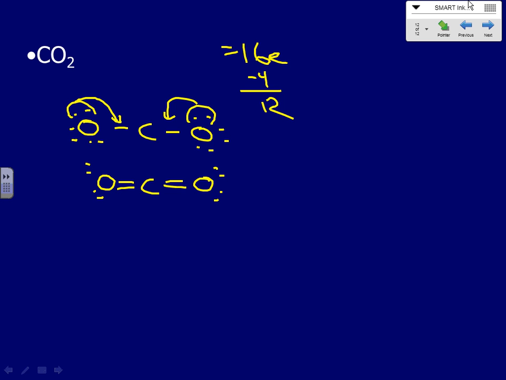And we did that example when we were talking about just straight double bonds, right? That's carbon dioxide. Oxygen looks the way it's supposed to look. 2 pairs and 2 bonds. 2 pairs and 2 bonds. Carbon has 4 bonds.